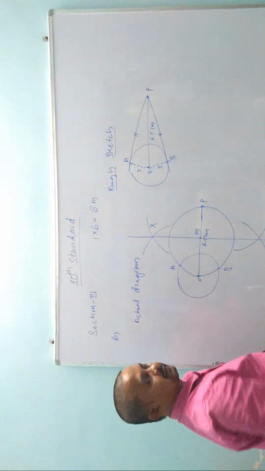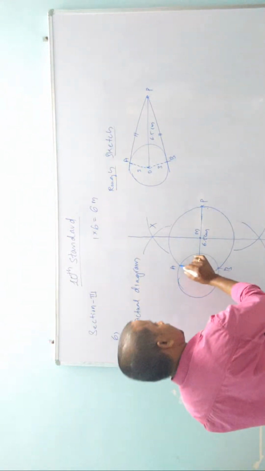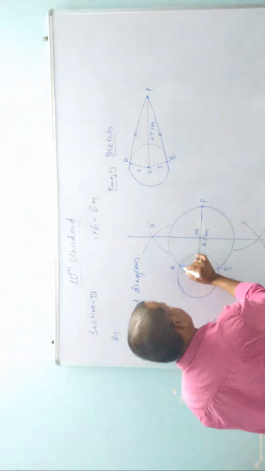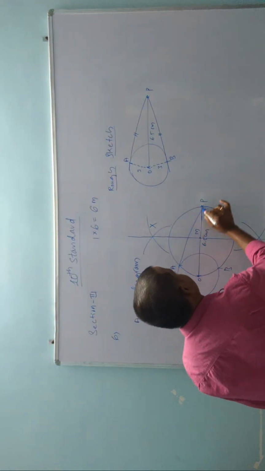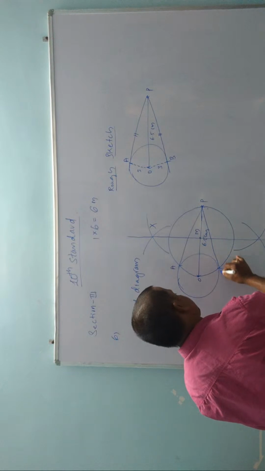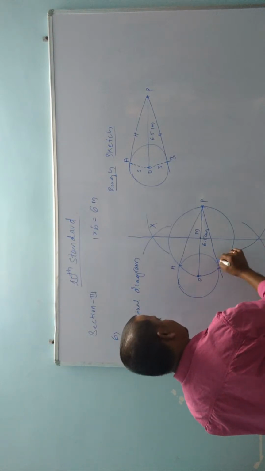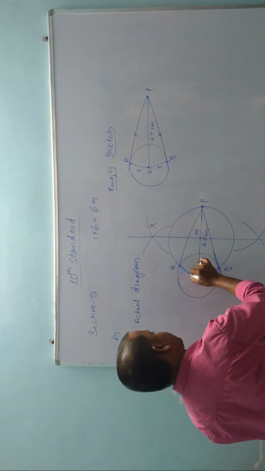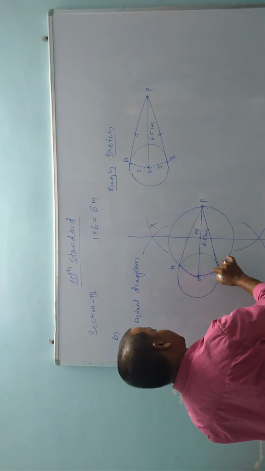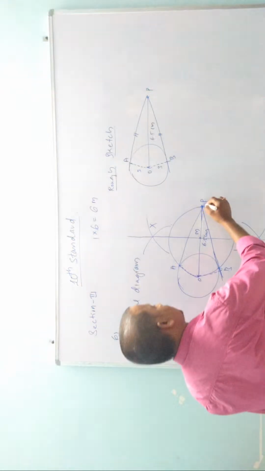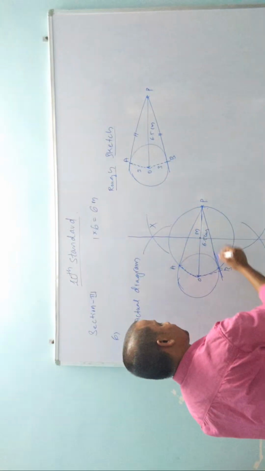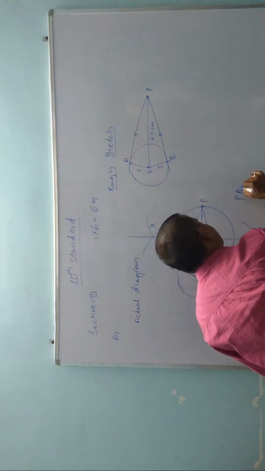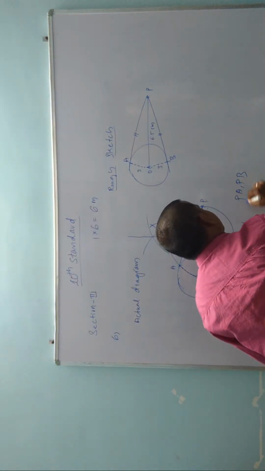Consider them A and B. With the help of a ruler, we join AP and PB. Then join OA and OB with dotted lines. Then the required tangents are PA and PB.